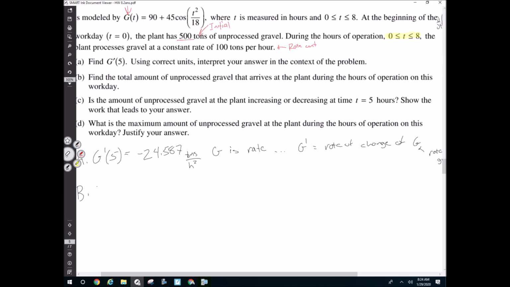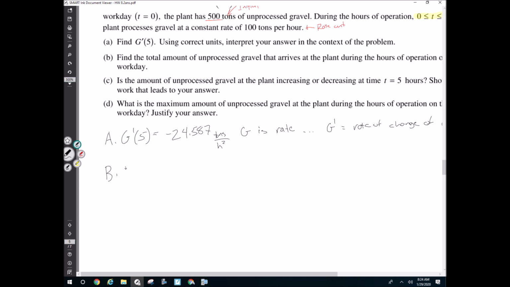Total amount of unprocessed gravel that arrives. I need to find the total in. That's it. That arrives. Read the question carefully.